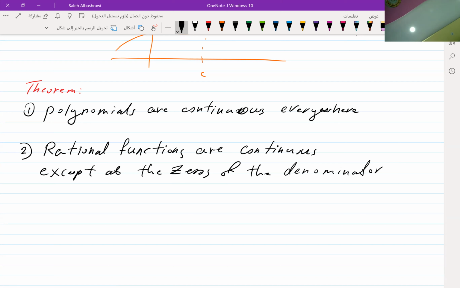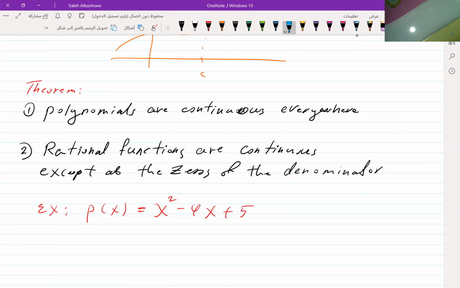polynomials are continuous everywhere. Any given polynomial is continuous everywhere. For example, p of x equal x squared minus 4x plus 5.